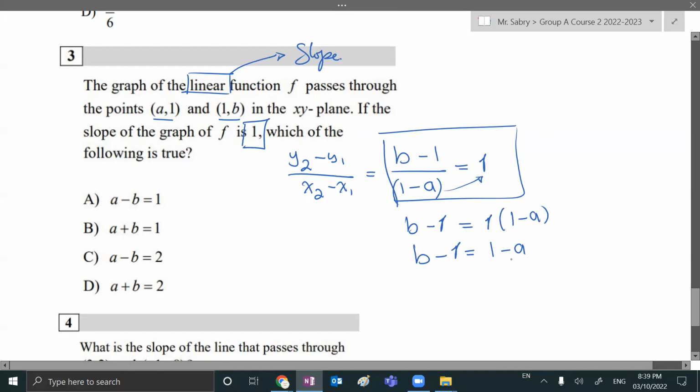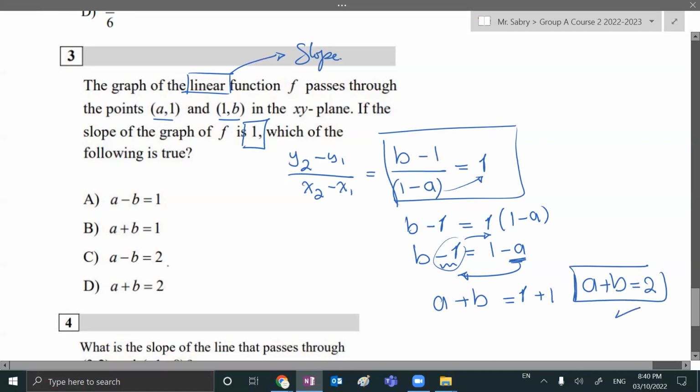So I will need to move this negative A to this side, and I need to move this negative 1 to the other side. If the A moves to this side, it goes as positive A plus B, and then equals, this one will go down as it is, but this one goes to the other side with addition. So then A plus B must be equal to 2. When you look at this and you look at the choices, D seems to be the correct choice.